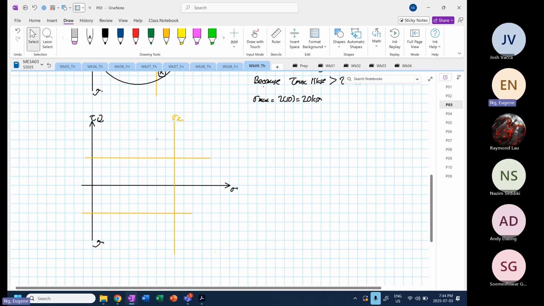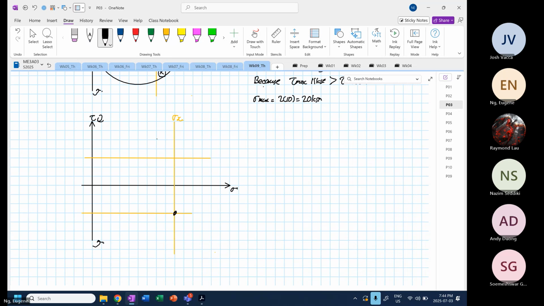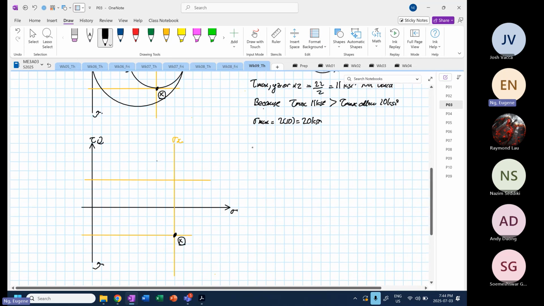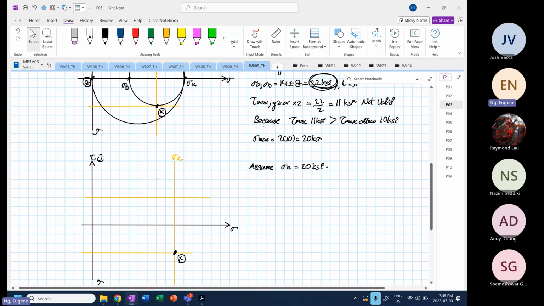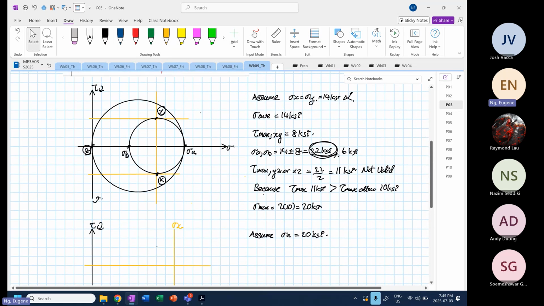So we know that this is our point X. Yeah, we know. So the next one, we are going to assume, okay, we're going to assume that stress A is equal to 20 KSI. Okay, stress A is equal to what? 20 KSI. So stress A down here is going to be 20 KSI.